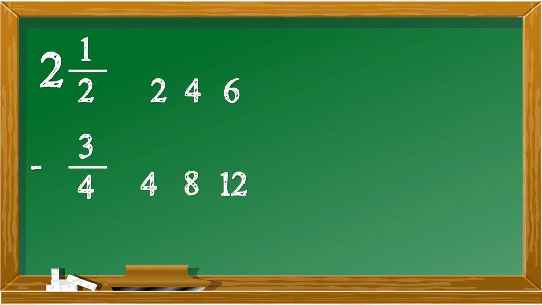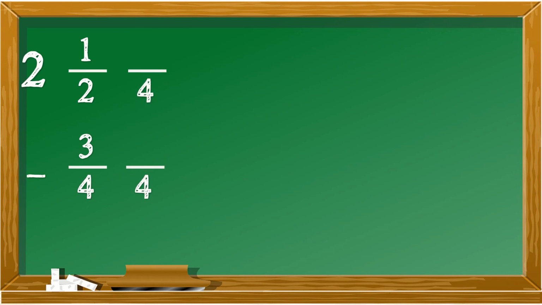Look for the least number that they have in common. We will now use 4 as their new denominator. 4 divided by 4 is 1. 1 times 3 is 3. 3 is the new numerator.